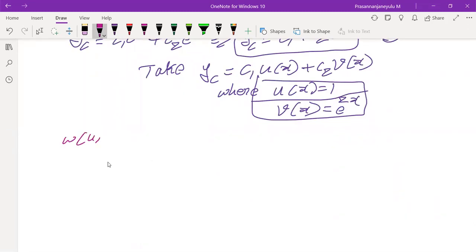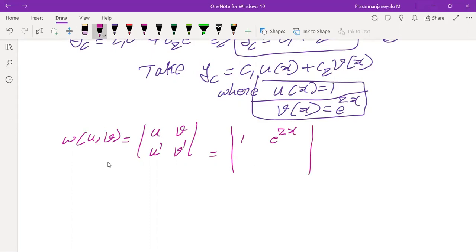W of u comma v equals the determinant of the 2 by 2 matrix with elements u, v, u dash and v dash. What is u? 1. What is v? e power 2x. Very good. What is u dash? The differentiation of 1 is 0. The differentiation of e power 2x is 2 into e power 2x.